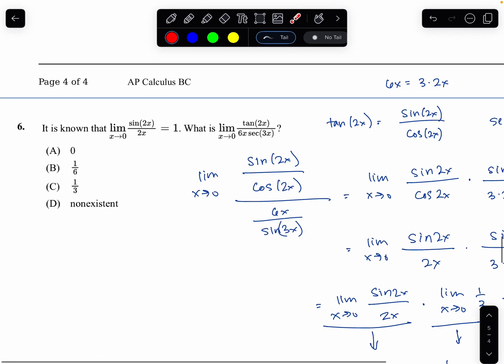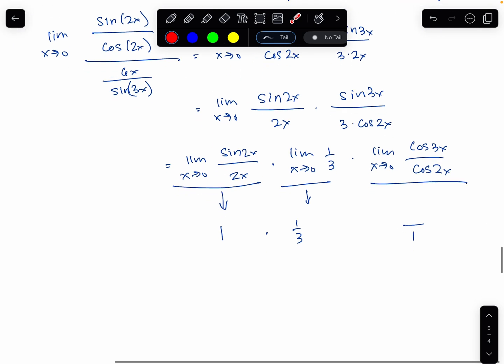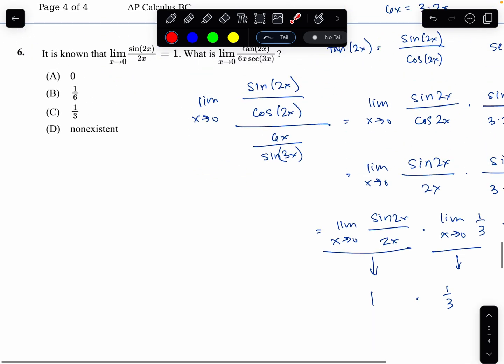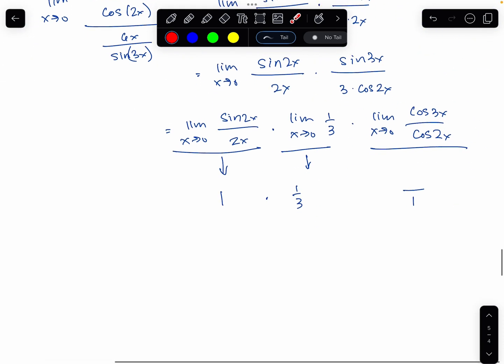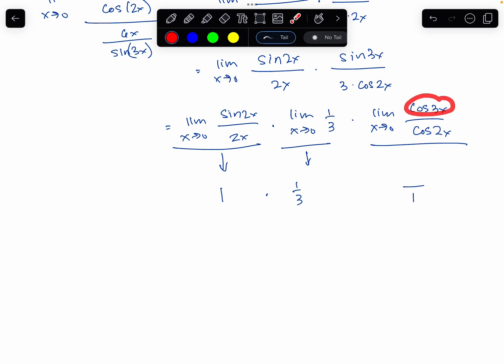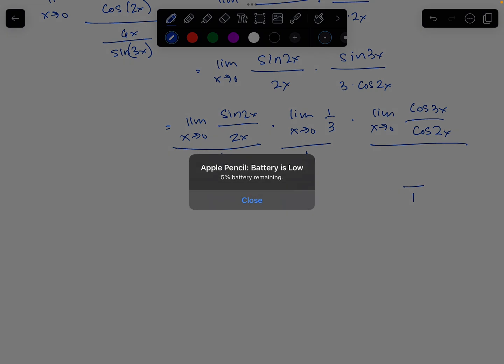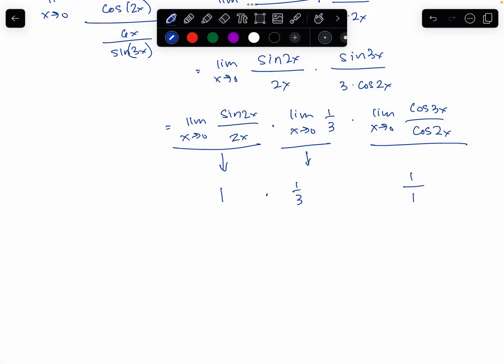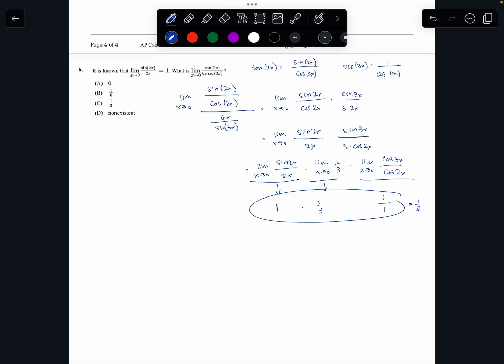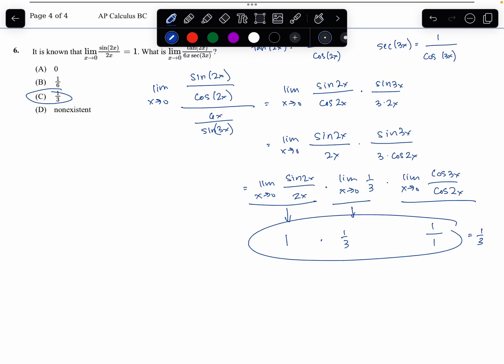In any case, that's going to be cosine of 0 divided by cosine of 0, and in either case, cosine of 0 is going to be 1. And so now all of this multiplied is going to be 1/3. So 1/3 should be our answer right there.